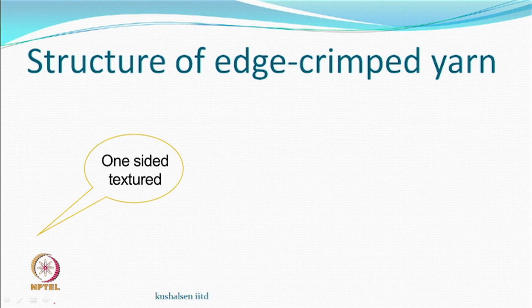One-sided crimping, one-sided texture. Anyone else would like to respond as to what kind of a structure we are likely to get when you pass a filament yarn over an edge under tension which may be heated? What kind of a structure do we expect?